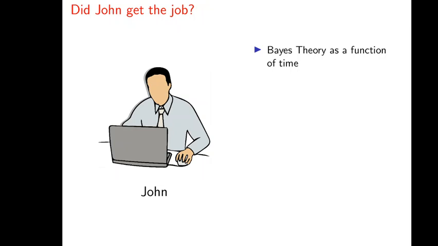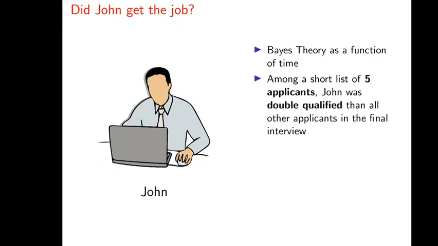I think the best way to understand Bayes' theory is to think of it as a function of time. For instance, in our John case, if we reread the problem, we will see that we have 2 primary timestamps that can conclude the final evaluation of John and his chances to get the job.